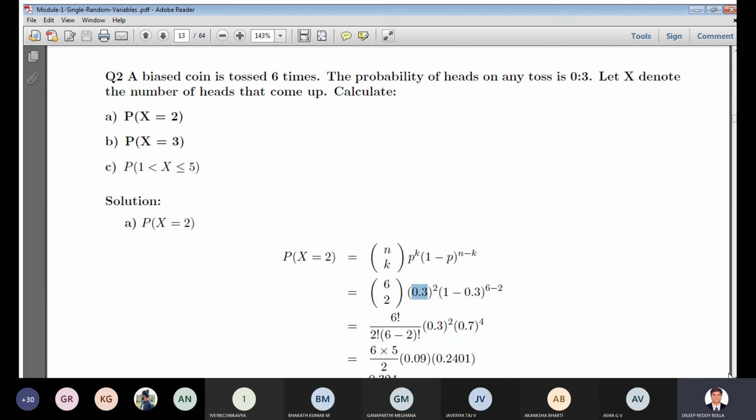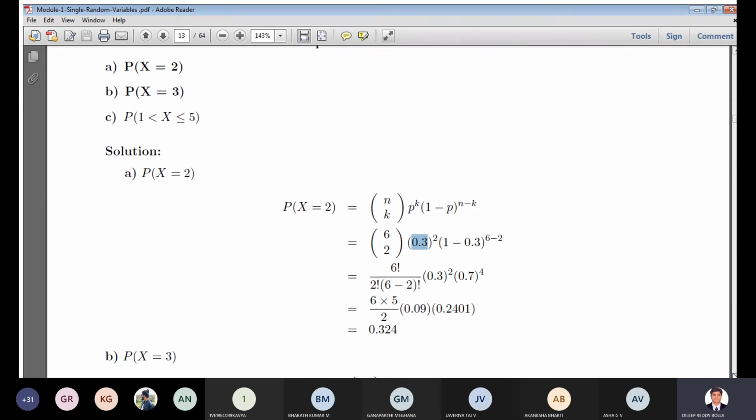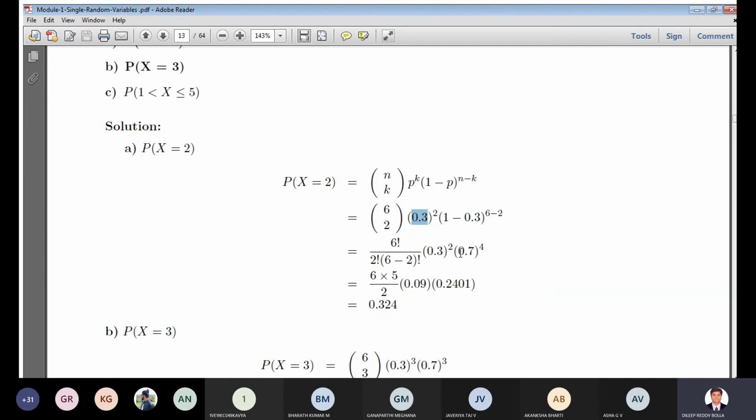Substitute there, 6 minus 2. 1 minus 0.3 is 0.7. So 0.7 power 6 minus 2, which is 4. And this value we understood. The meaning of this is called nCr or nCk. nCk means n factorial by k factorial into n minus k factorial.